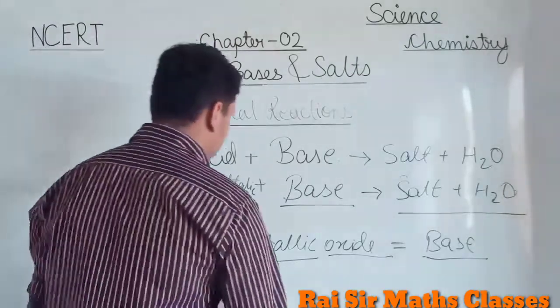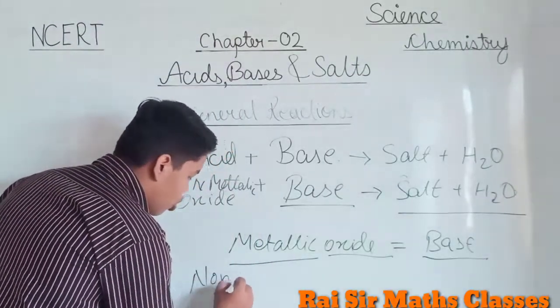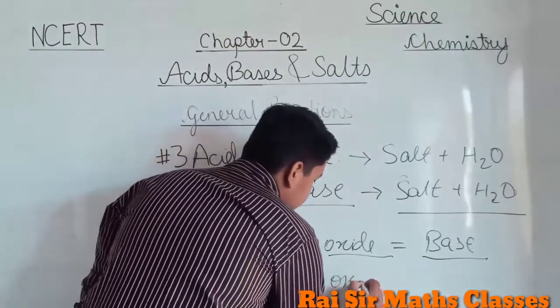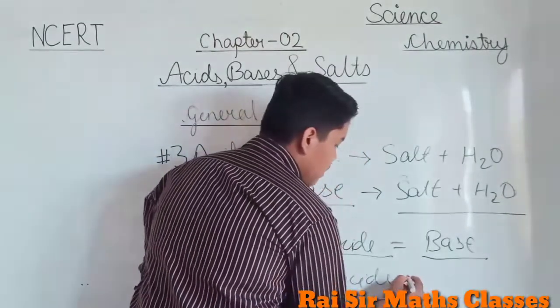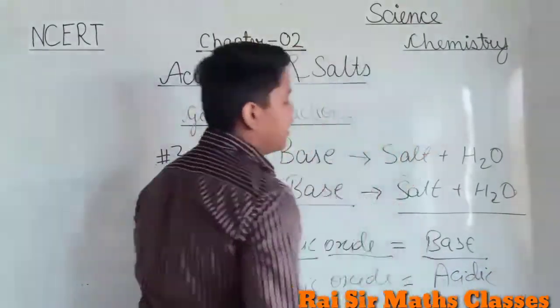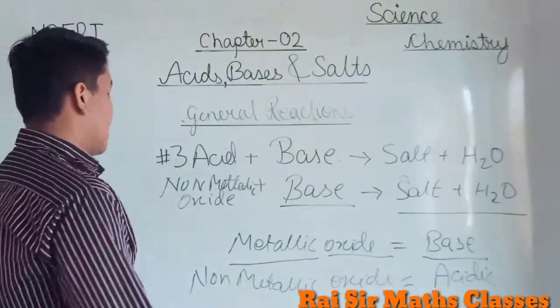So you can say that non-metallic oxides are acidic in nature, or they are acids.